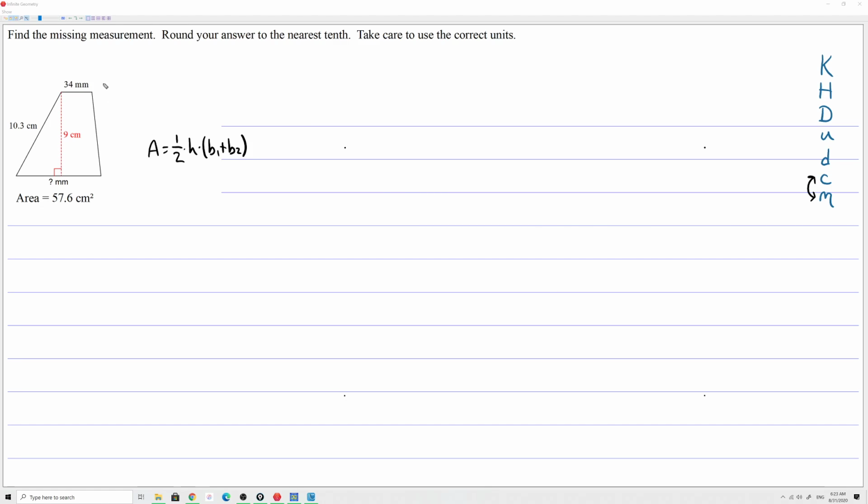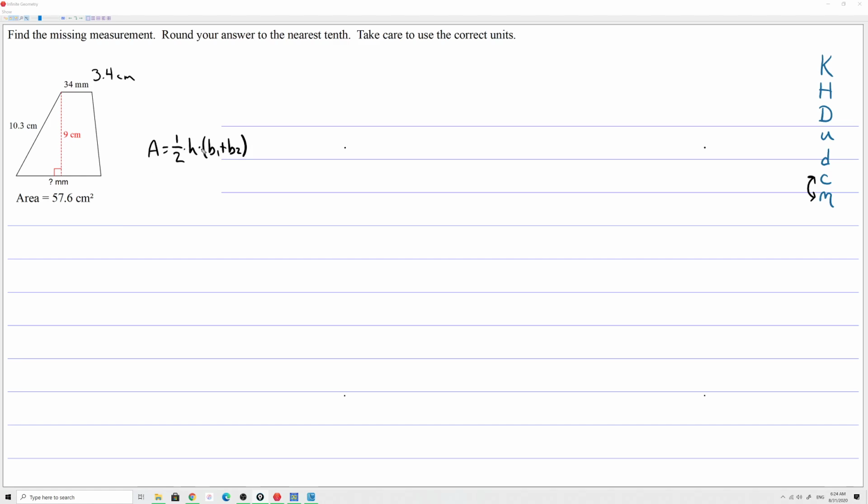So we either have to multiply or divide by 10. Since millimeters are smaller than centimeters, that is, centimeters are larger than millimeters, we need to divide by 10. So 34 millimeters is 3.4 centimeters.